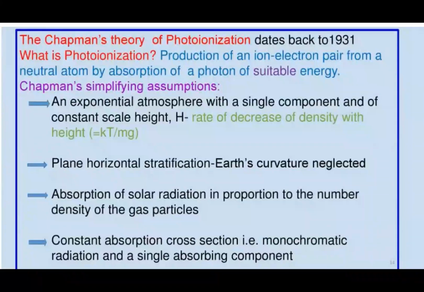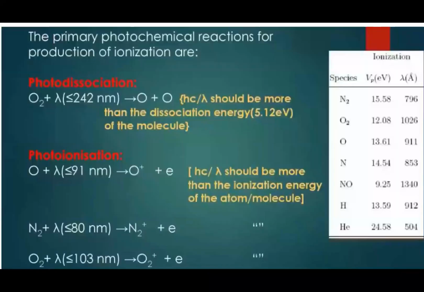So it is not monochromatic, and we know in the atmosphere there are nitrogen, oxygen, and other constituents, so it is not a single component. That will add some complication, but nevertheless, the basic properties of the ionosphere can be explained by this theory.